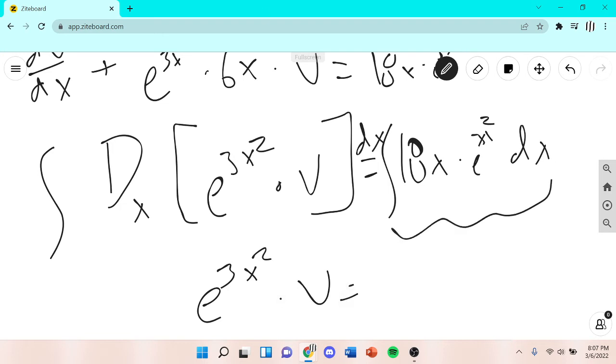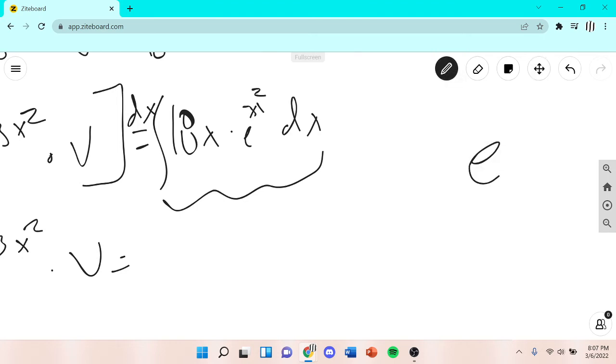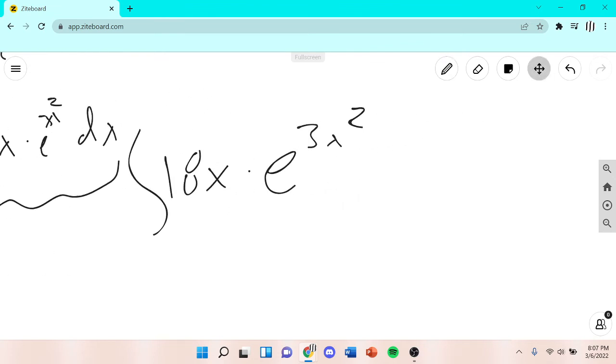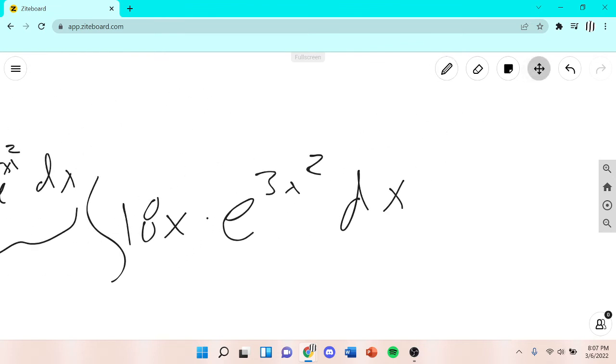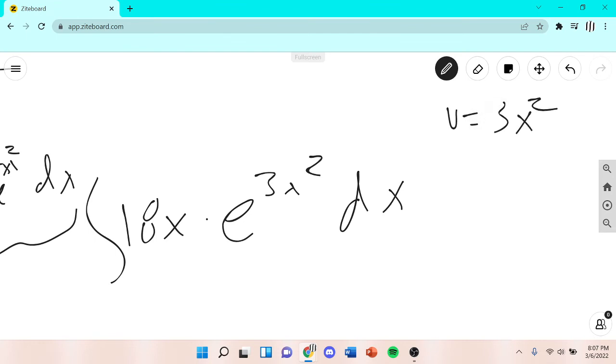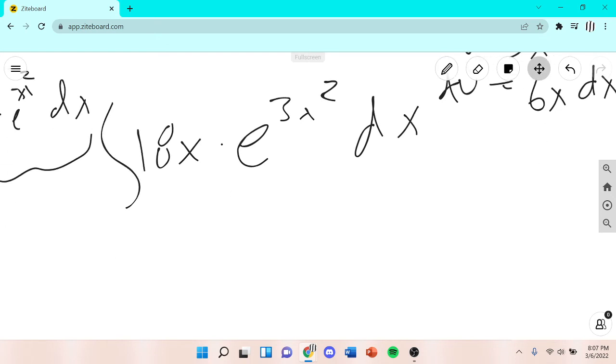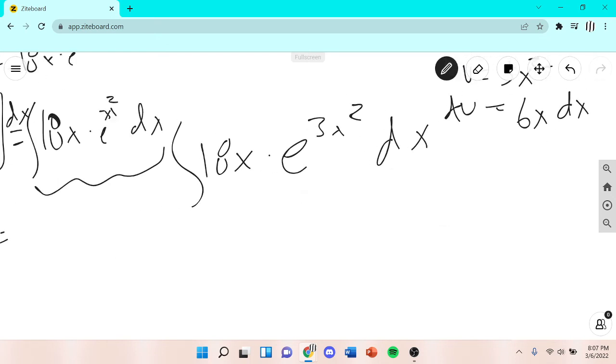So we're going to have to solve that. I believe you can use integration by parts, or actually no, we can use u-substitution, because it's e to the 3x squared times 18x. So if we set u equal to 3x squared, we know that du is equal to 6x dx. So this is just 3 du, and this is just e to the u.